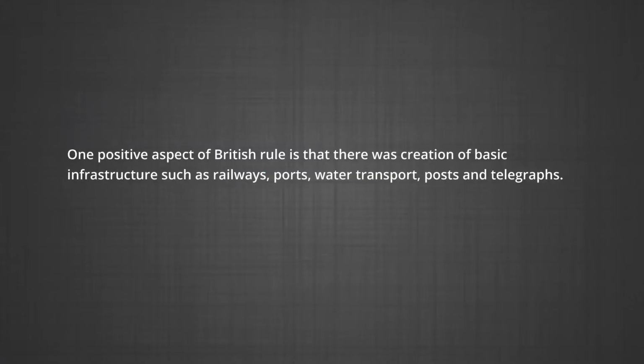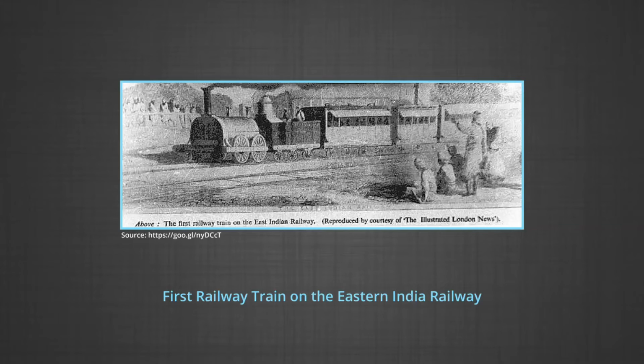Come to infrastructure. One positive aspect of British rule is that there was creation of basic infrastructure such as railways, ports, water transport, post and telegraph. In fact, the introduction of the railways in India in 1853 is considered as one of their most important contributions.